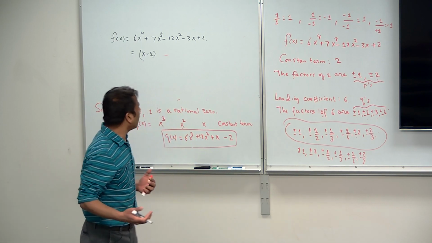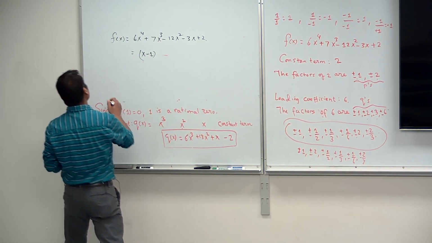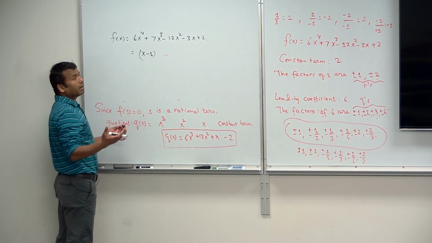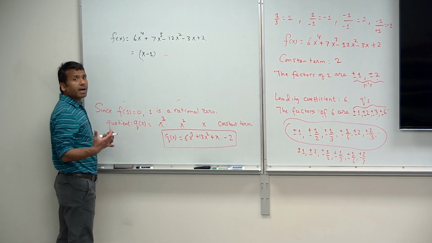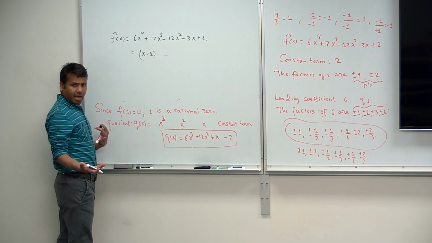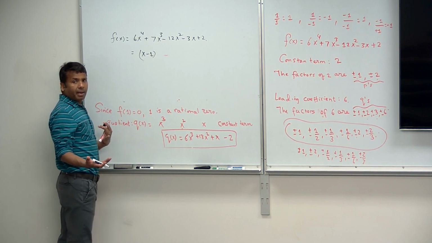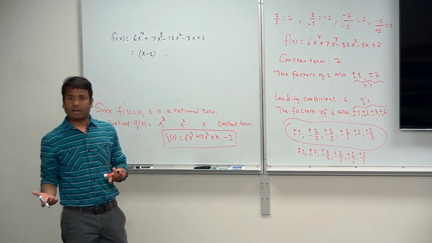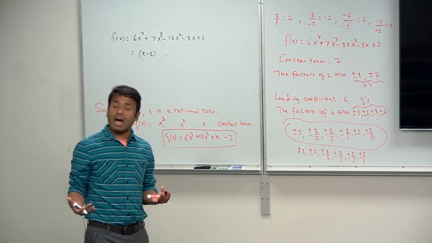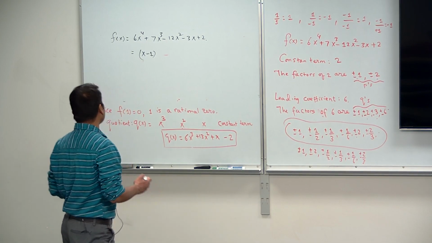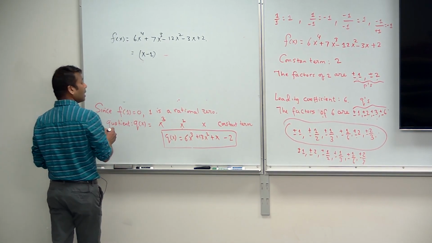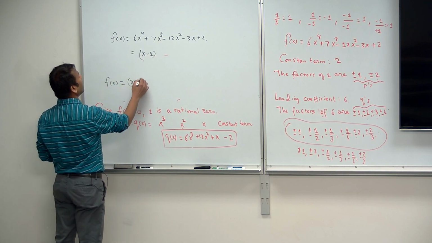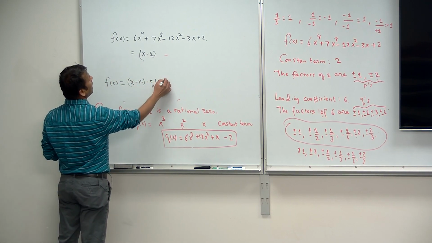You remember the division algorithm: if the polynomial f(x) is divided by x minus k, then there exists a polynomial q(x) and a number r such that f(x) equals x minus k times q(x) plus r.